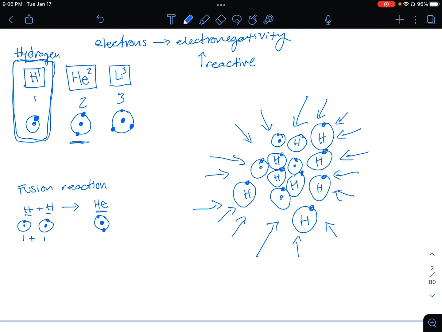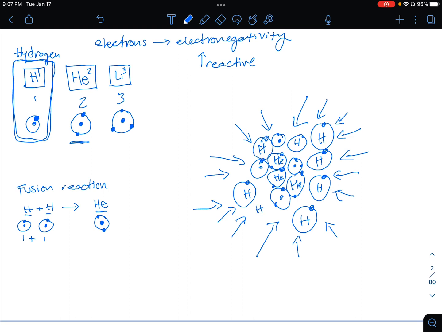So now we have some helium in the middle of this cloud. We put so much pressure on the middle that we've caused helium in the middle. So let's say we take even more pressure. Now we're adding more hydrogens.